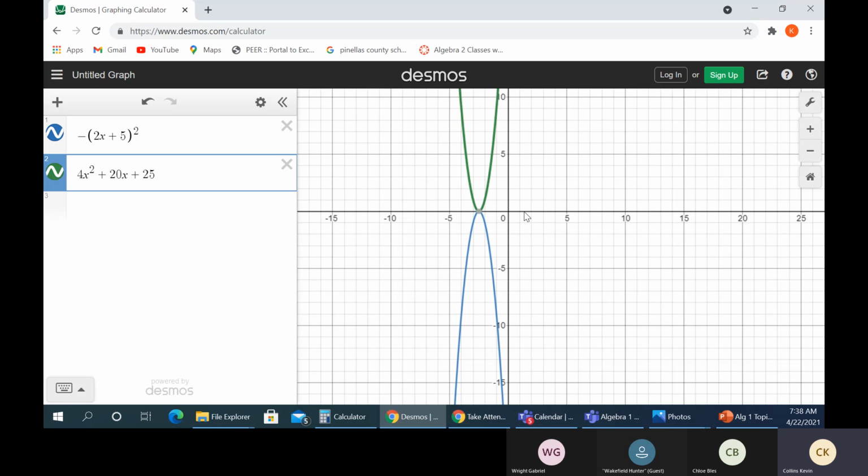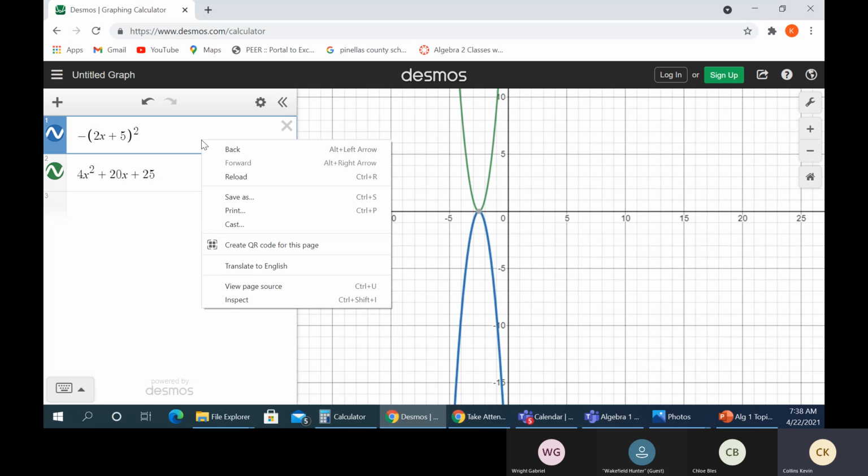So notice that's the reflection of this now. By putting the negative sign up front, you're going to switch the sign on everybody to get the same graph as we've got here in blue.